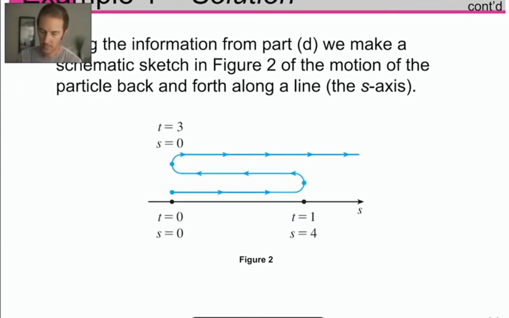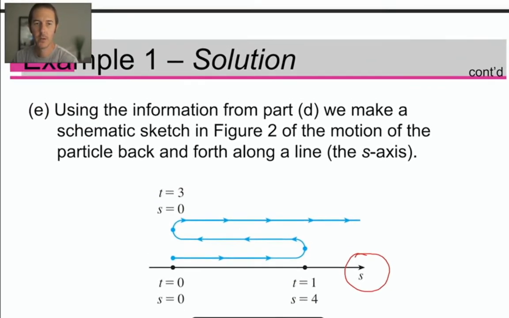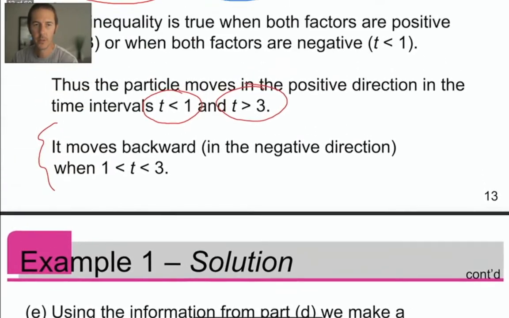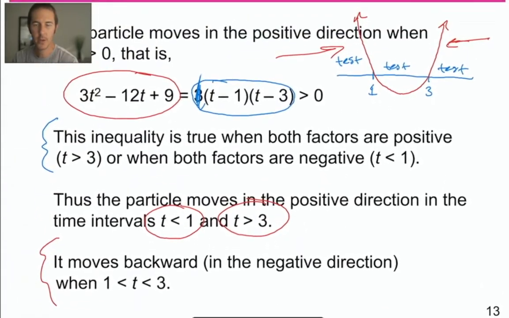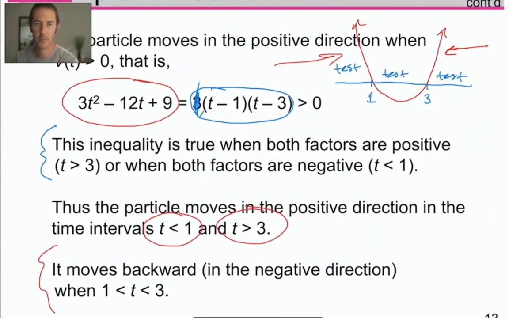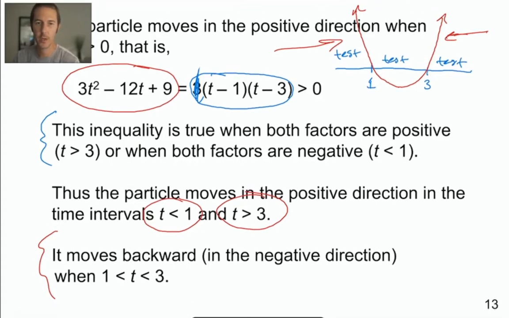If we assume that this s-axis is moving positive in the right-hand direction, and we remember this information up here in the top right, we said positive motion where our t values were less than 1, negative motion between 1 and 3, positive again after t equals 3.